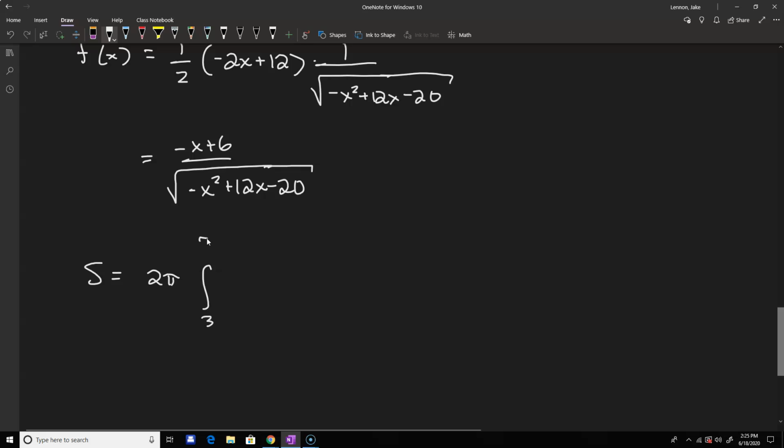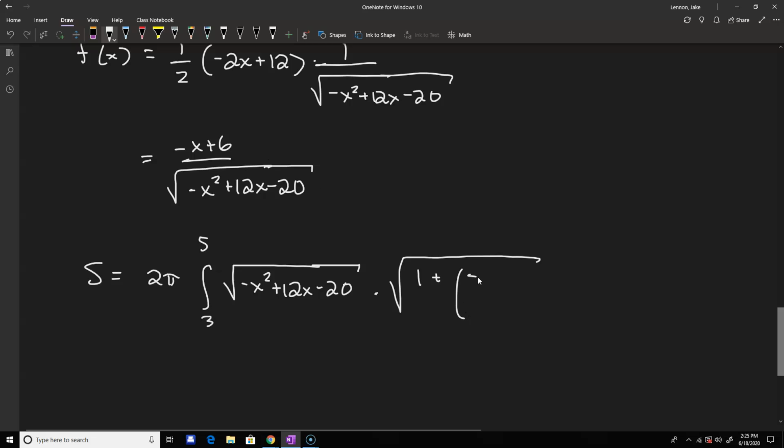And then what we're doing is we're multiplying by our function, which is the square root of minus x squared plus 12x minus 20, and then we're multiplying by the square root of 1 plus this quantity, f prime of x squared.